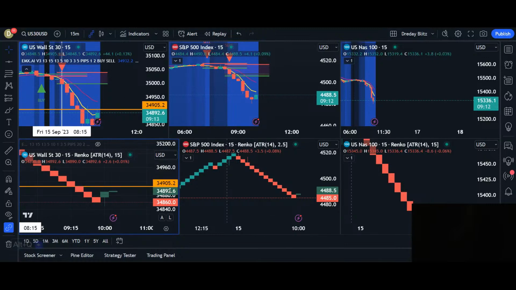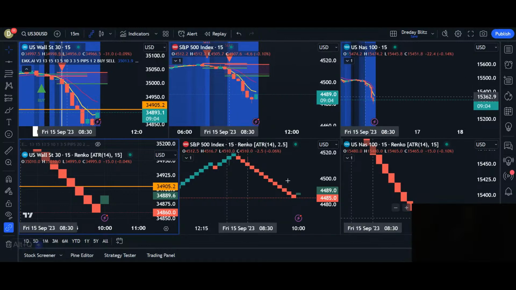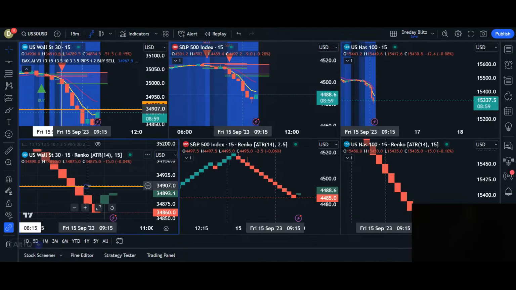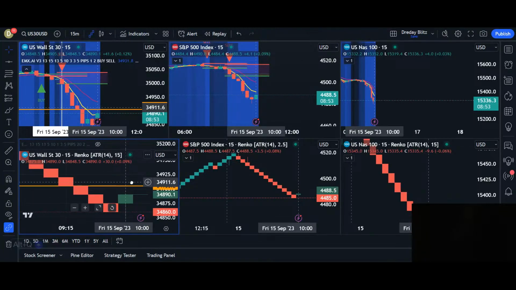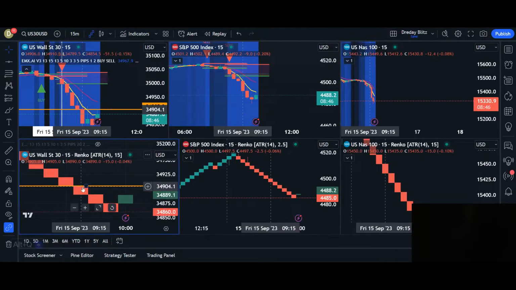You put it at the top of the Renko bar or at the top of the wick of that Renko bar. So in this example, was there a wick on the Renko bar? Give me 2 seconds. No, there was no wick. So if there was a wick on that Renko bar, you would have put your stop loss on top of the wick of that Renko bar.